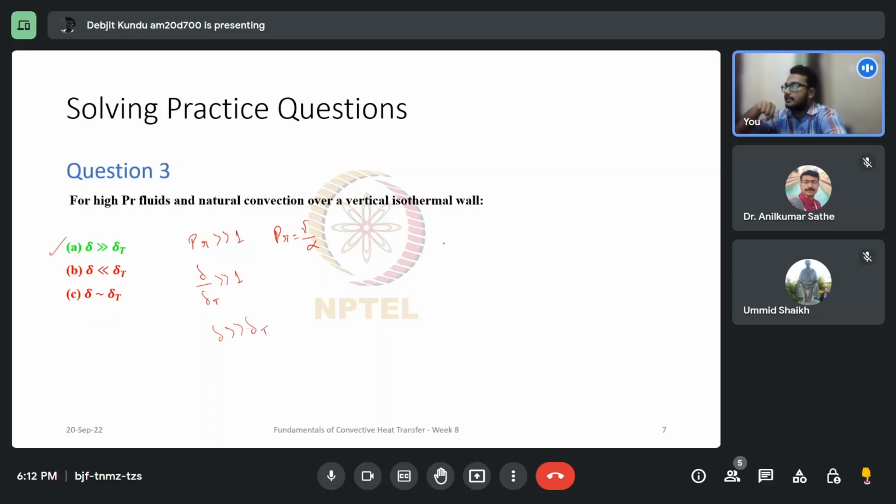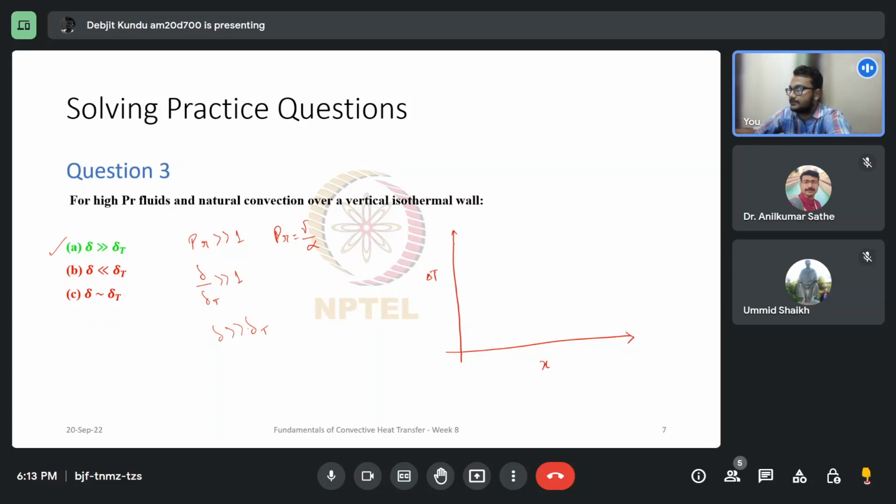In the lectures also we saw the diagram. If we try to draw the diagram, this is distance from the wall x, and let's first try to draw the temperature difference profile.